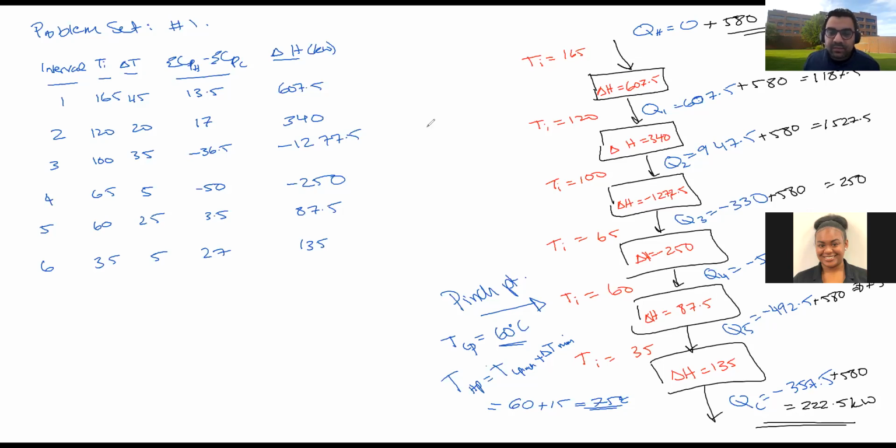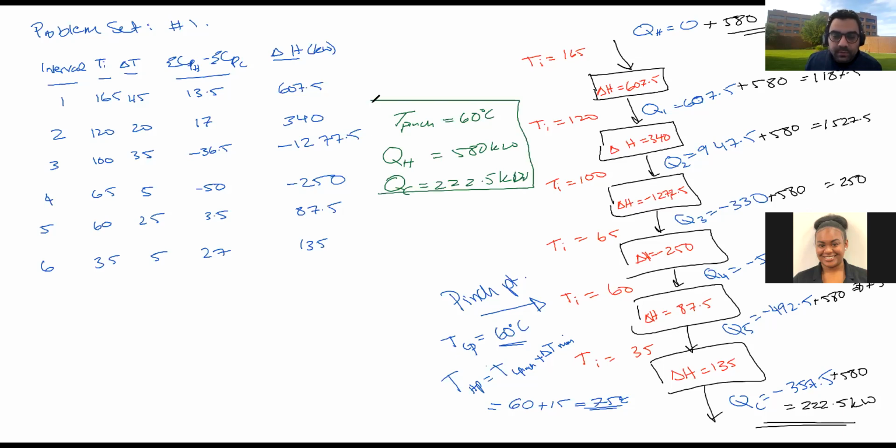And in this case, these parameters were, my pinch point was 60 degrees Celsius, my QH was 580 kilowatts, and my QC will be 222.5 kilowatts, right? And these are really your energy parameters required to build your heat exchange network.